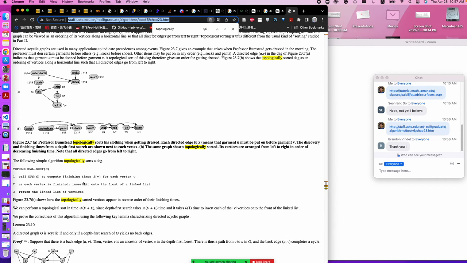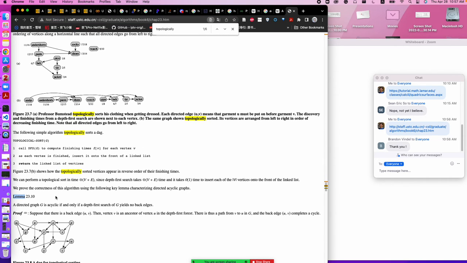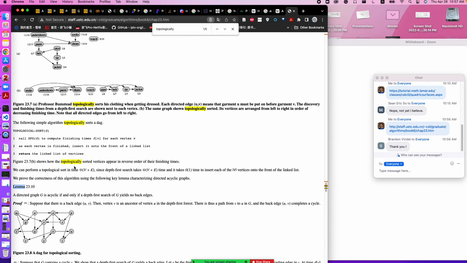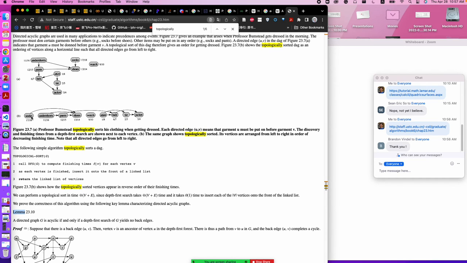By analyzing this, you get some lemmas and theorems by topological sorting, which you don't need to know yet. If you're interested, these numbers I remember are the time that it took to run this task.